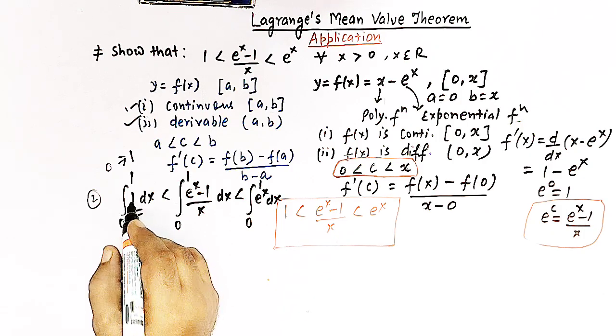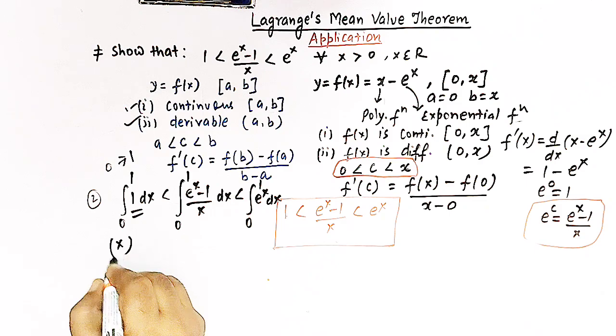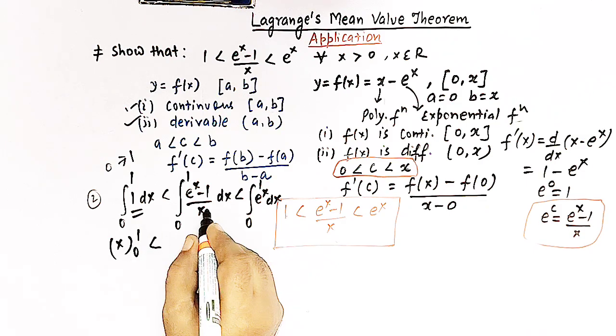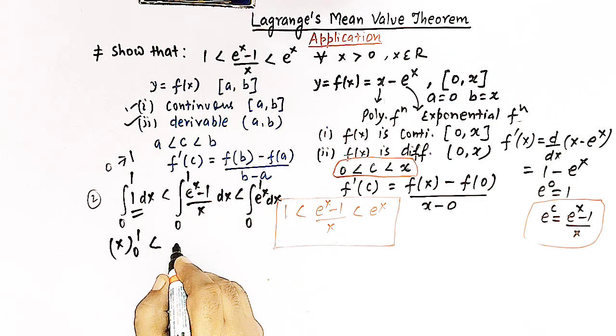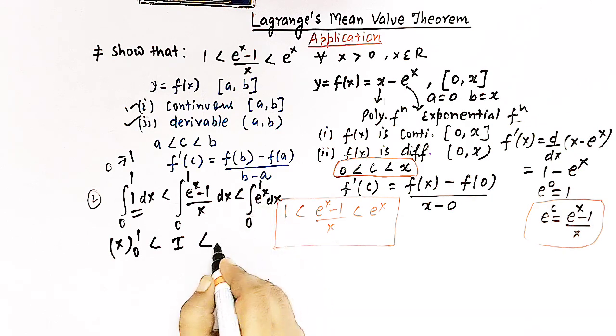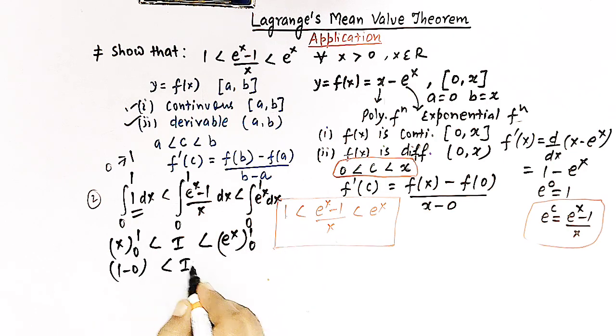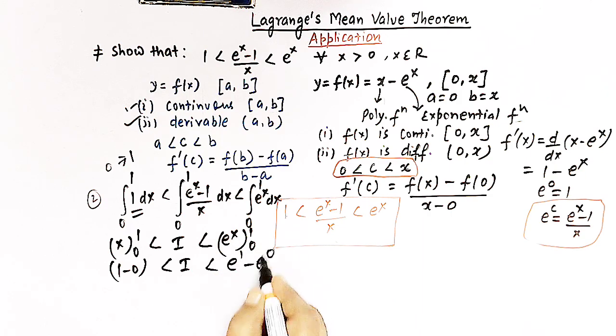So what we have done here is integrate throughout from 0 to 1, right? Now the value of the first integral is x from 0 to 1, and we take the middle integral as I, and the integral of e raised to x is simply e raised to x, with limits from 0 to 1. So here we have 1 minus 0, then I, and then e raised to 1 minus e raised to 0.